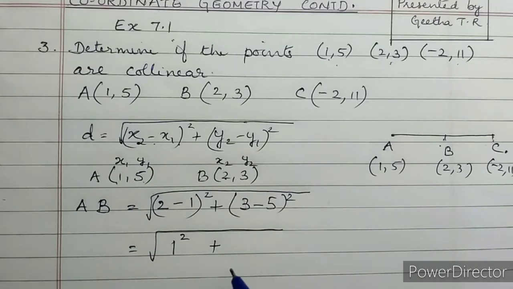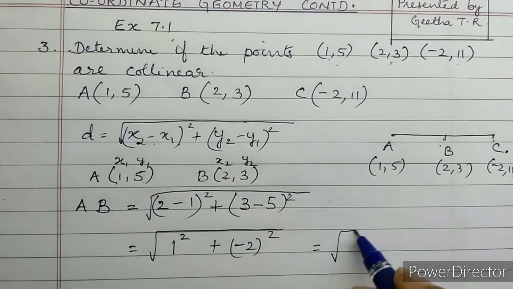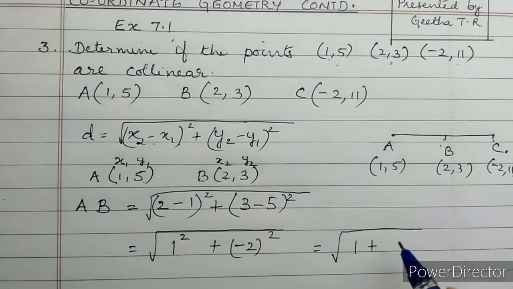It is negative 2. So negative 2 the whole square. So that is equal to square root of 1 square, how much? 1 only, plus (minus 2) whole square, it is minus 2 into minus 2, it will become plus 4. So that is square root of 5.